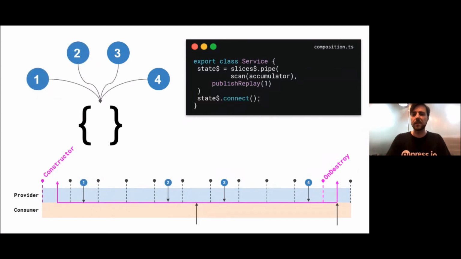What I suggest is that you use hot composition, and one way to achieve it is we can use the publish replay operator here, and in the latest versions of Rx we will also have creation operators of this publish and share operations, which is a pretty cool thing if you ask me. So this is the way how we solve this problem.